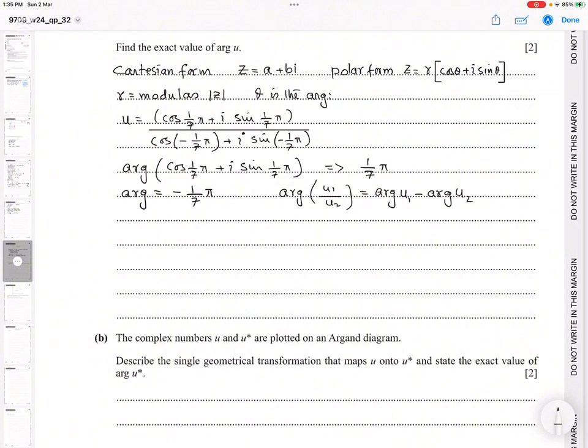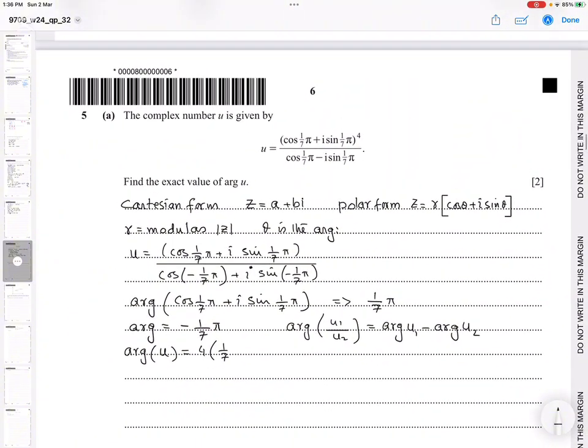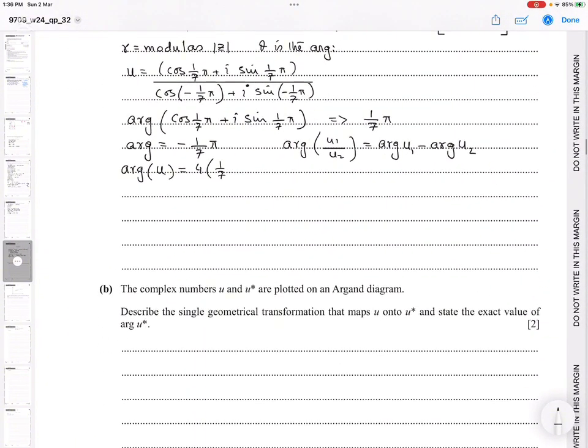So I can write argument u: we have power 4 in the numerator, so we multiply it by 4.